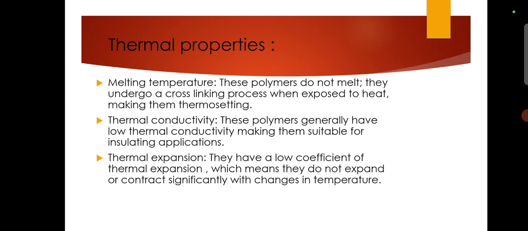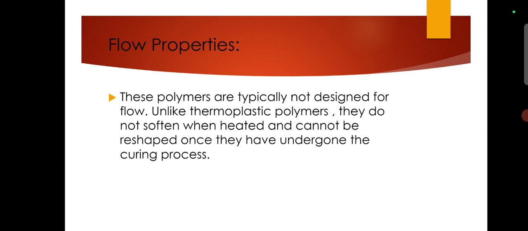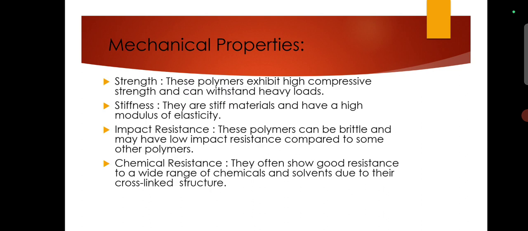They have a low coefficient of thermal expansion, which means they do not expand or contract significantly with changes in temperature. Flow properties of Novolac: these are typically not designed for flow. Unlike thermoplastic polymers, they do not soften when heated and cannot be reshaped once they have undergone the curing process.